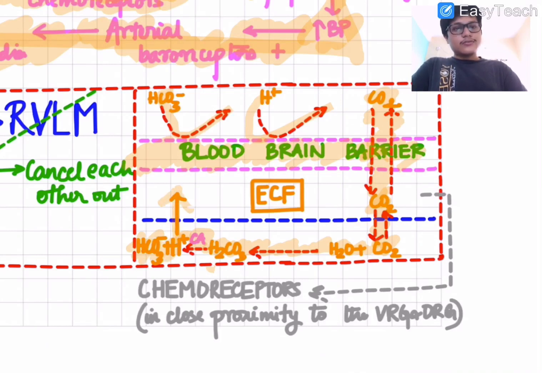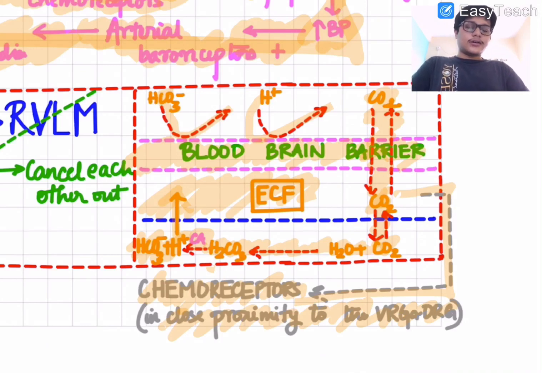This H plus ion will go into the ECF, and this is sensed by the central chemoreceptors, which lie in close proximity to the ventral and dorsal groups of respiratory neurons, and this is why an increase in concentration of carbon dioxide will cause stimulation of the RVLM and also will cause an increase in respiratory rate.